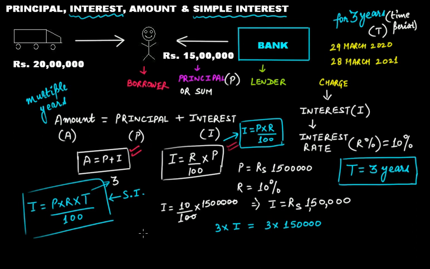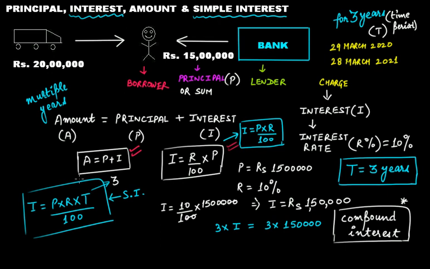But here is the thing: usually the bank does not give you any principal on simple interest. They actually use the concept of compound interest. This concept of simple interest is very, very rarely used. Now, if you wonder what compound interest is, we leave this discussion for future videos.